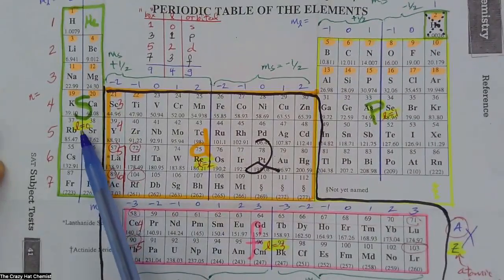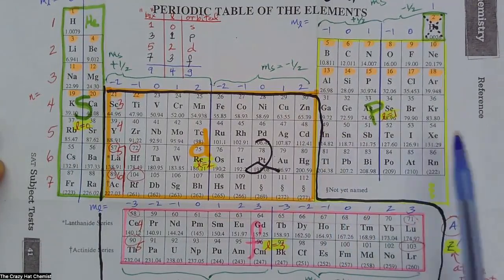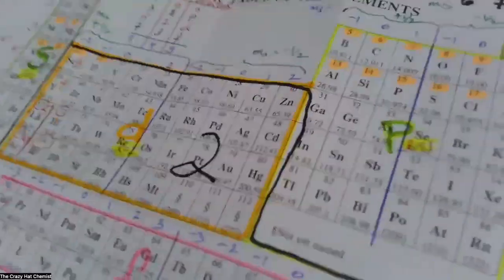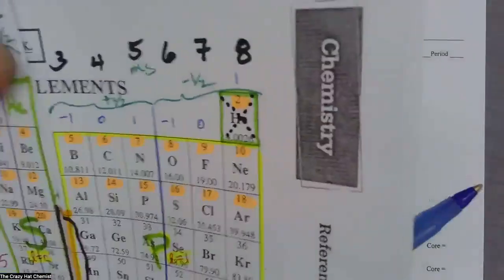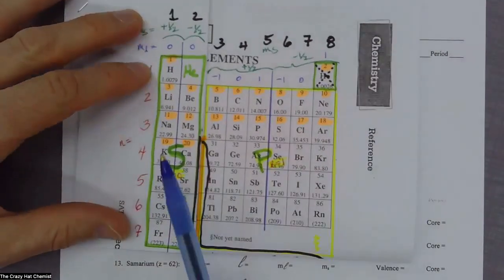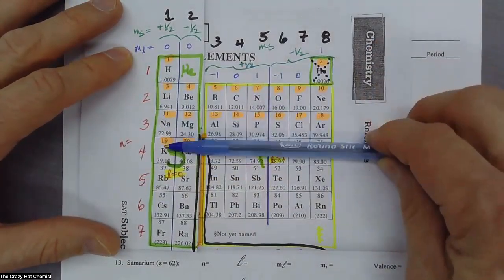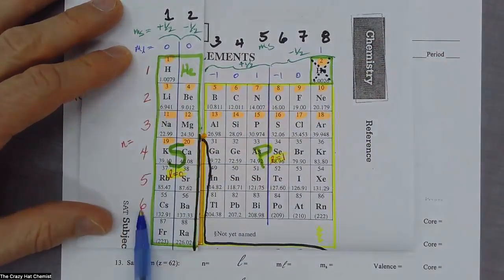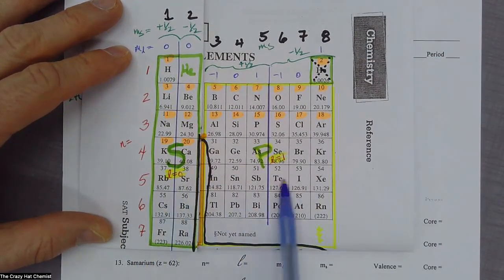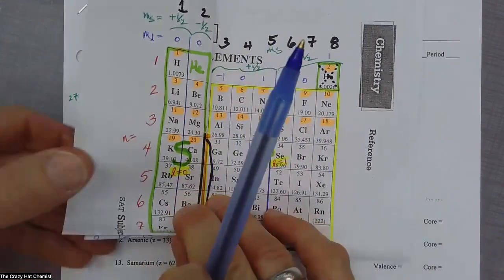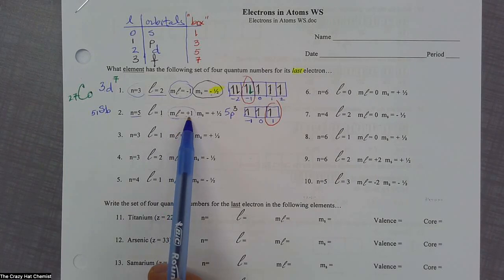So L of 1, when it's a 5, so it's a 5 and a p, and it's one of these 6. So now I'm going to fold my periodic table here, and I'm folding out the F's, I'm folding out the D's, and you should see that the S's and the P's are cohesive in their principal quantum number. That's N value. So the 5s of the S's and the 5s of the P's are in the same horizontal section. All right, so we've figured out that it's a 5p, and then it's a plus 1.